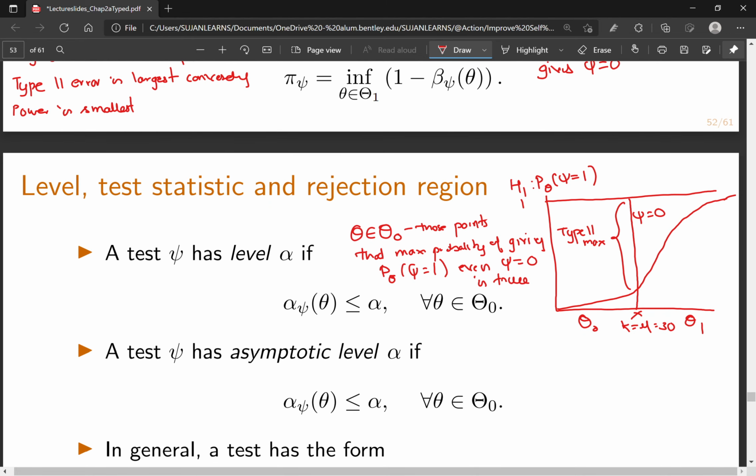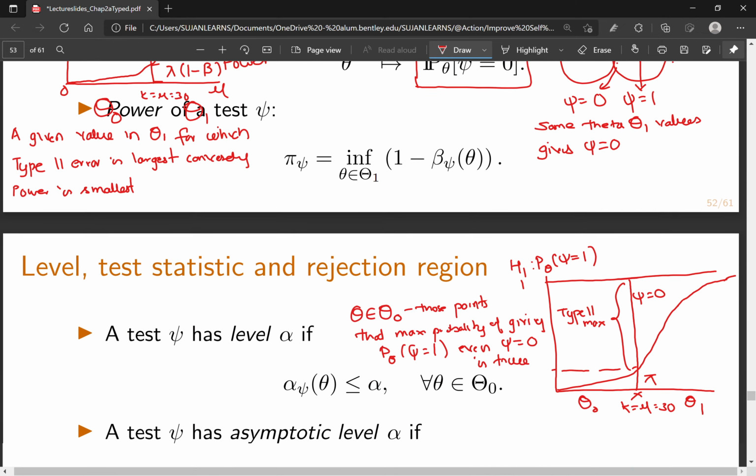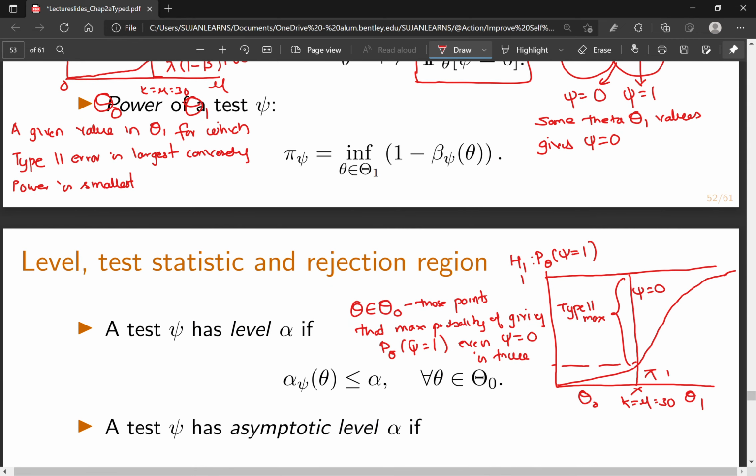Therefore, this point is power, and here it is equal to alpha.